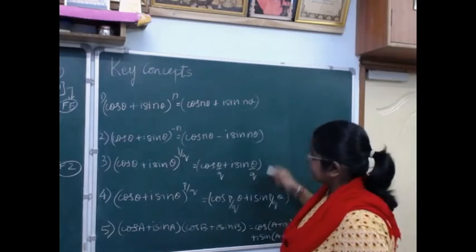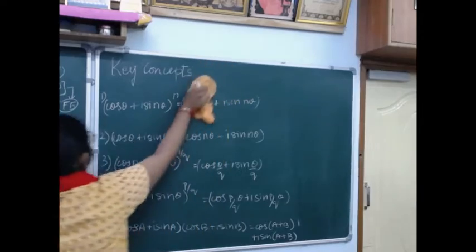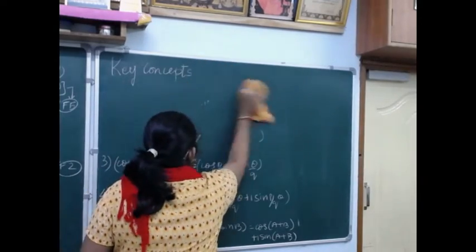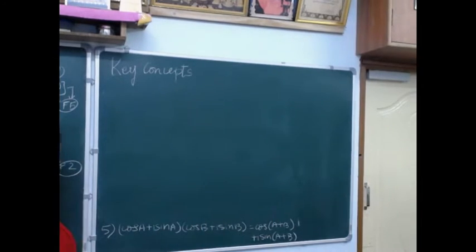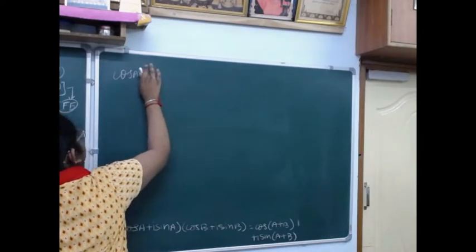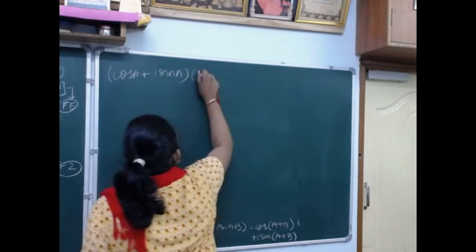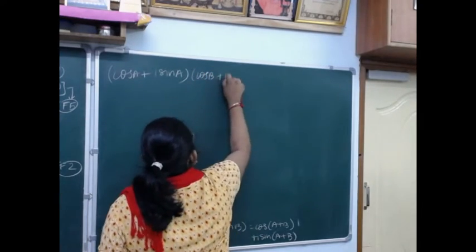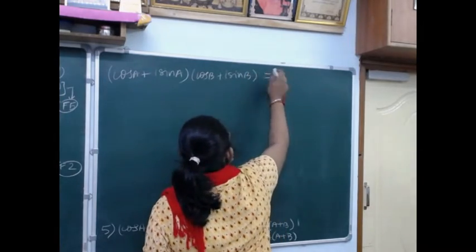So the fifth formula is, we are going to prove (cos A + i sin A)(cos B + i sin B) is equal to, now you can work it out.